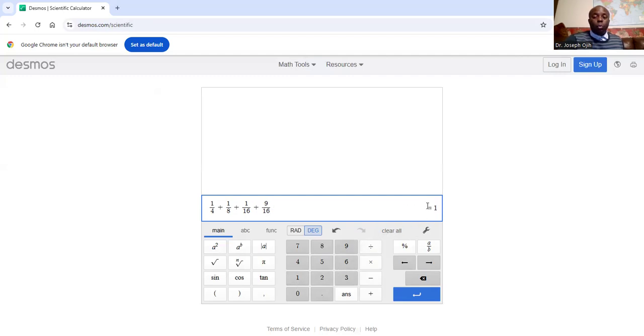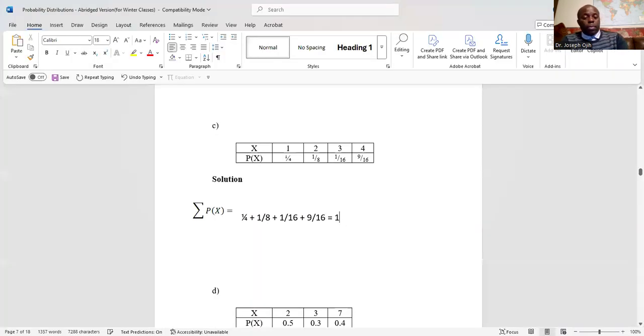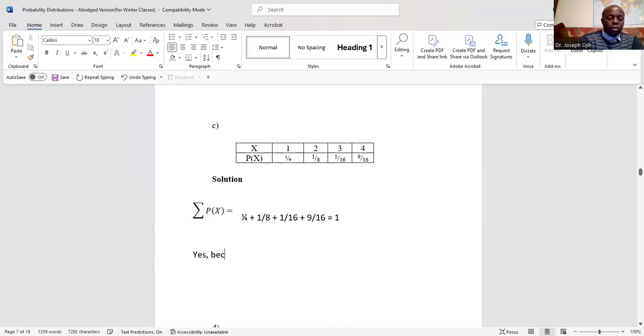You can see that it's 1. So that is 1. So the answer is yes, because the sum of the probabilities was 1.